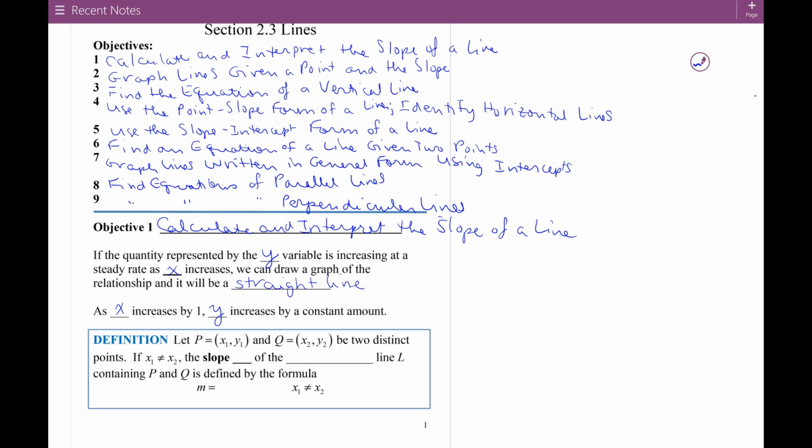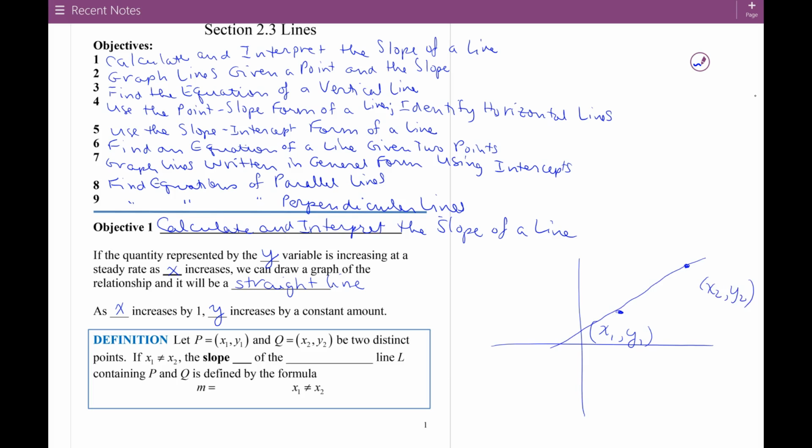Let P be a point (x sub 1, y sub 1), and Q be a point (x sub 2, y sub 2), two distinct points. So we're talking about a point here that has coordinates x1, y1, and a point here that has coordinates x2, y2.